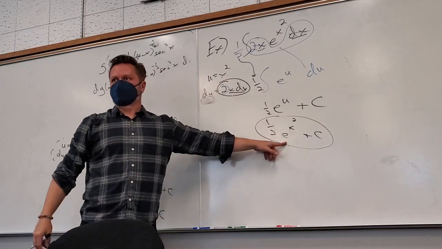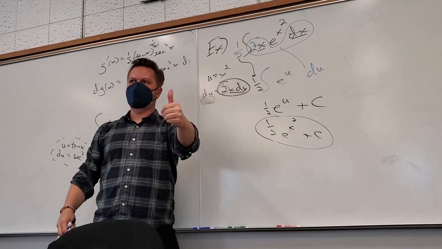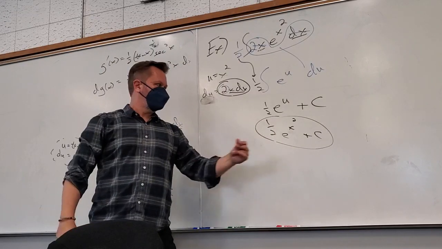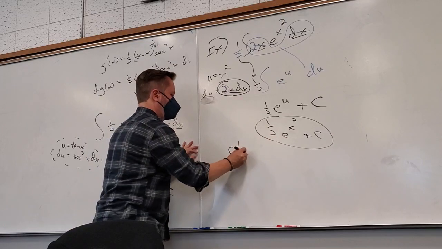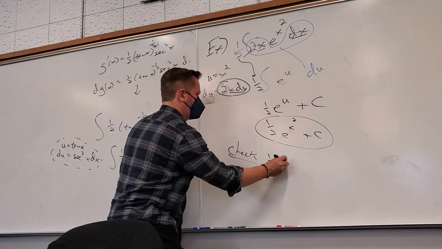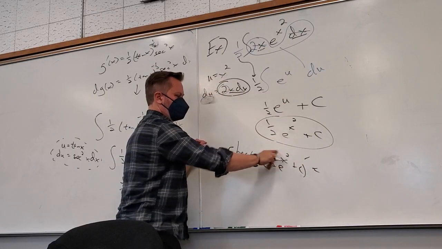Now let's check it. When you take the derivative, the derivative of c is 0. What's the derivative of this? So check it. 1/2 e to the x squared plus c, prime. So c is 0. What has to happen?